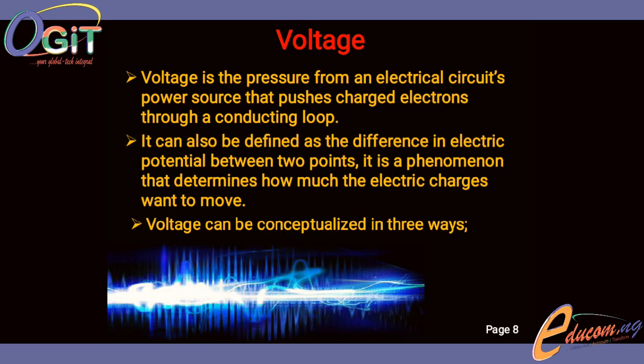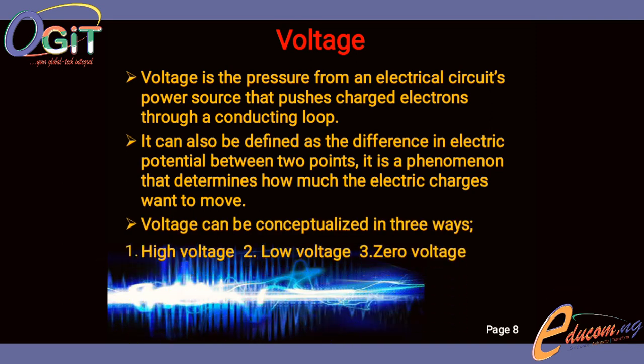Voltage can be conceptualized in 3 ways: high voltage, low voltage, and zero voltage. A good example is when you have a wall clock using a dry battery. When you put in a fresh battery, the clock starts working perfectly. That is high pressure, high voltage.